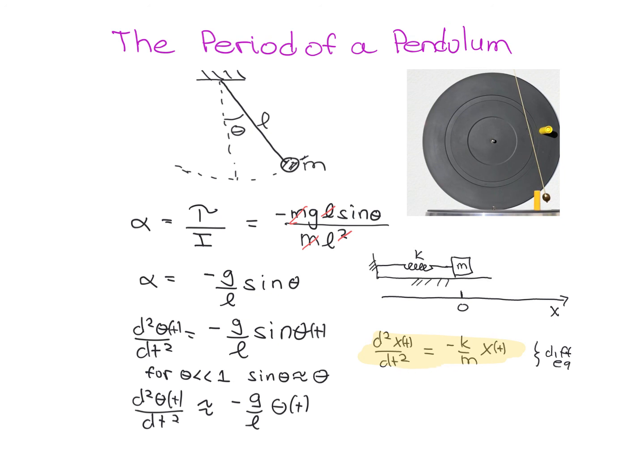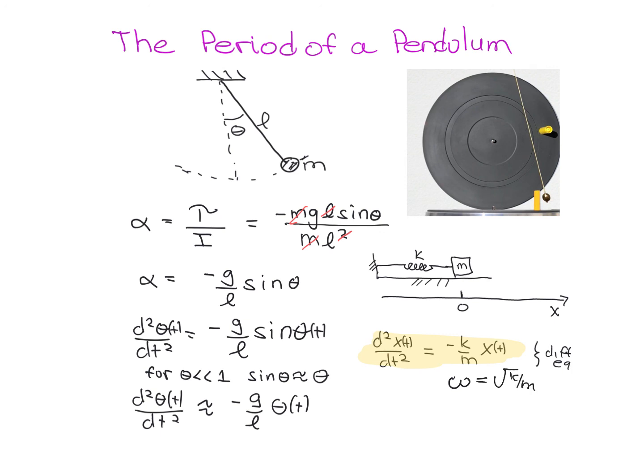And that is really good news because we already know, for example, what the angular frequency and the period is of this motion. The angular frequency is just the square root of this constant that appears out in front. Remember, we wrote in this case that omega was just equal to the square root of k over m.